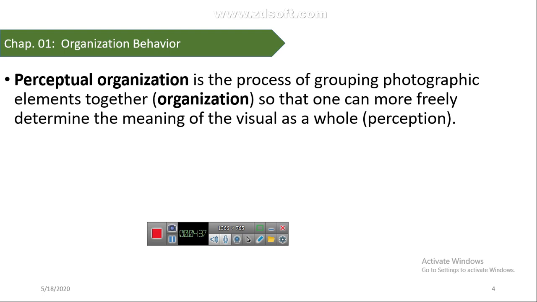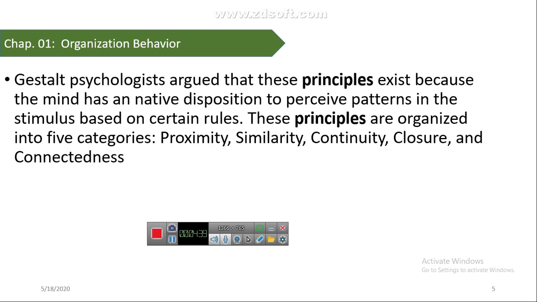The Gestalt psychologists argue that these principles exist because humans have a native disposition to perceive patterns and to simulate them based on certain rules. These principles are organized into five categories that I have explained to you.